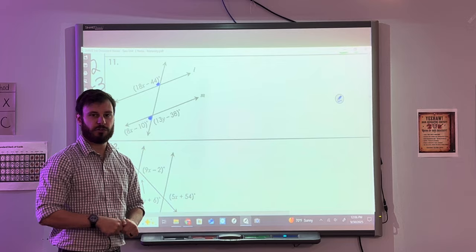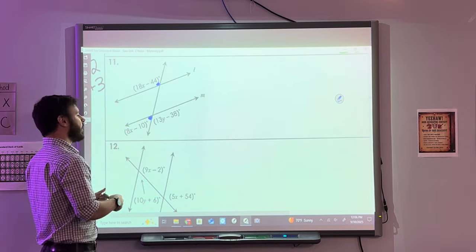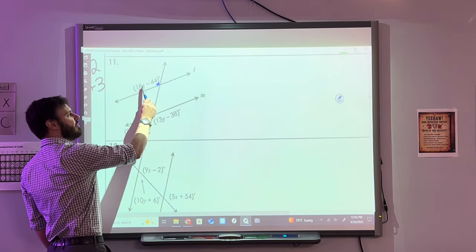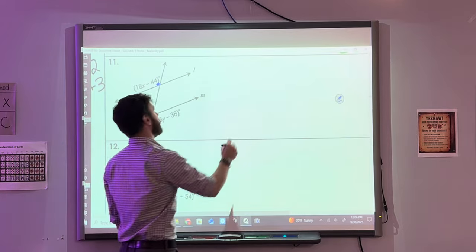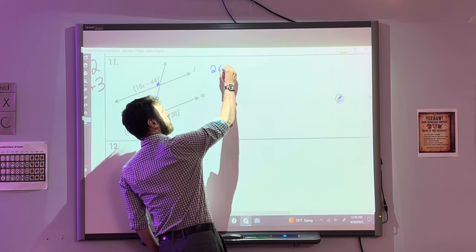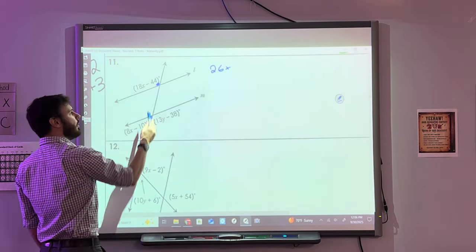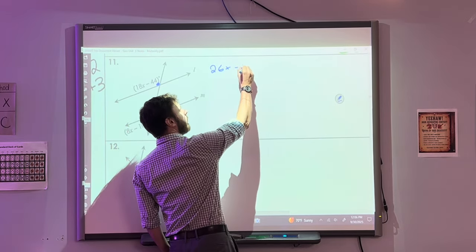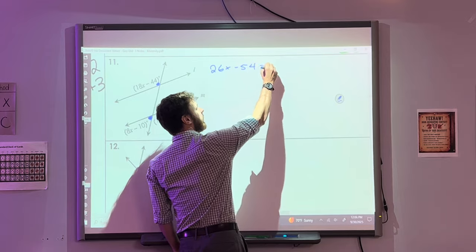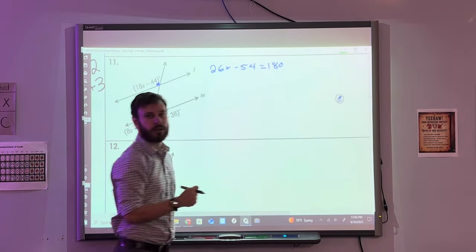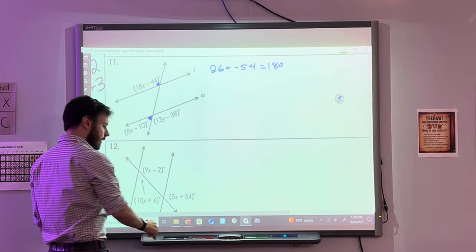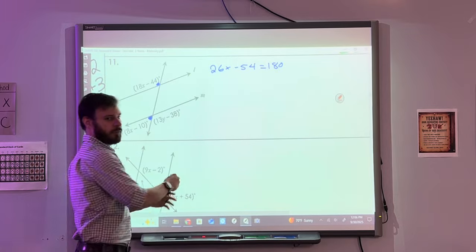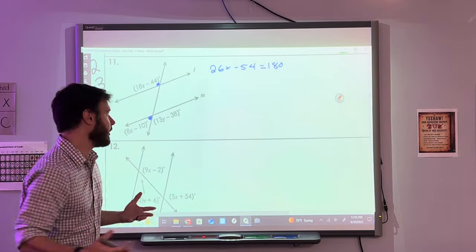But maybe we can do this a little bit faster. Can I combine like terms right away? 18x's and 8 more x is 26x. Negative 44, negative 10 more, negative 54. And together, they are going to add up to be 180. That saves us a step of writing that first long equation that we did in the other video.